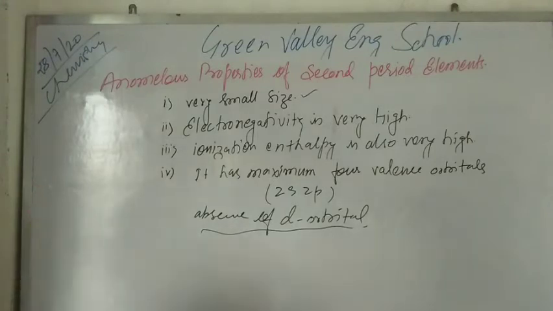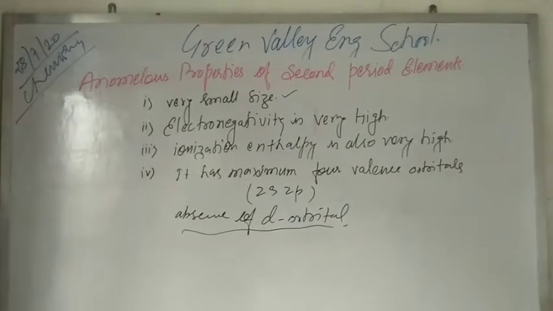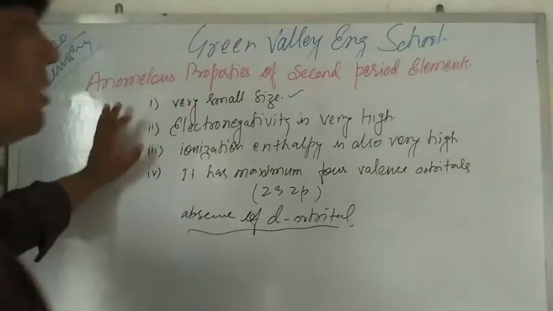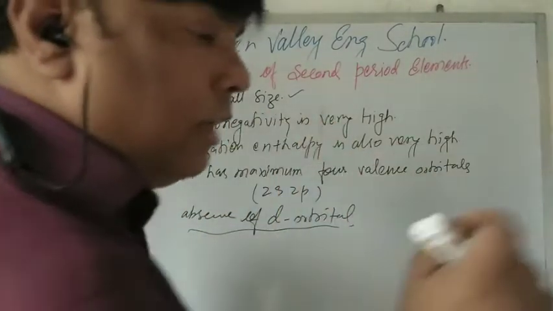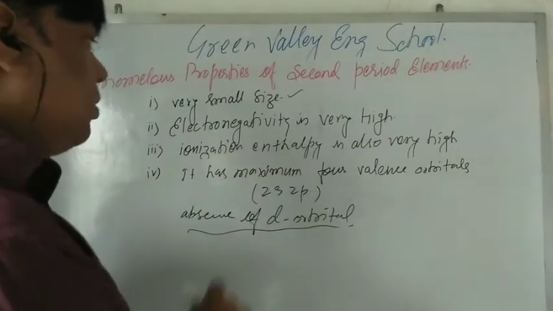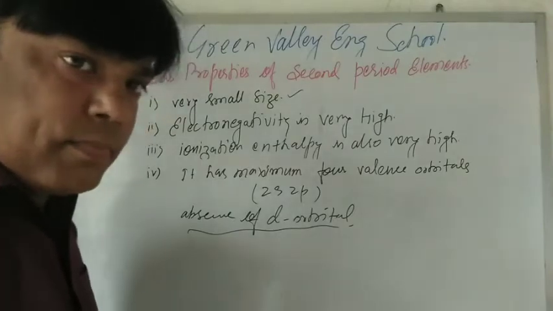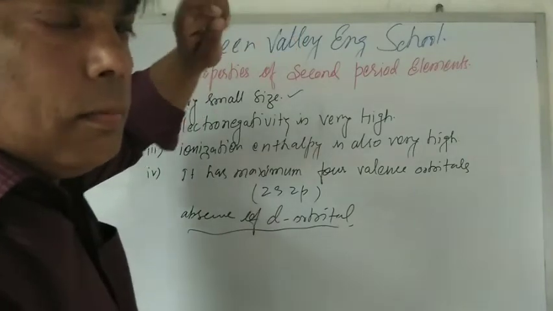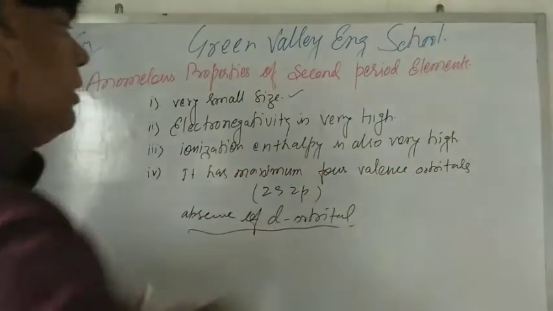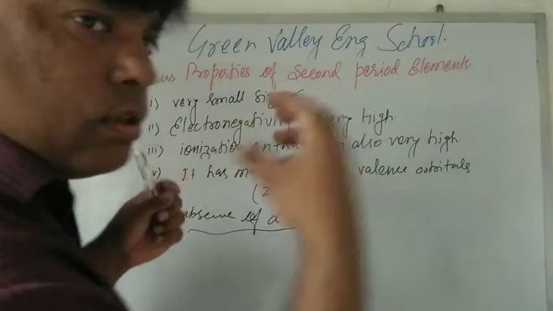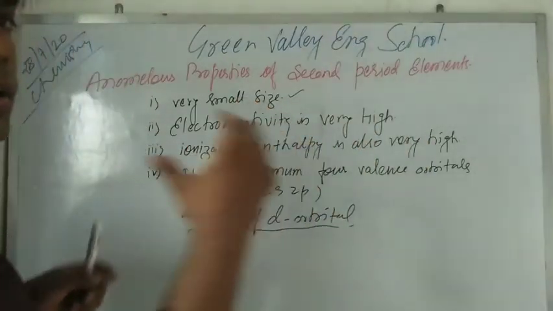So electronegativity is very high, means first member of any group has very high electronegativity. Actually electronegativity depends on size. As we move down the group, atomic radius will increase. But as we move in a period, electronegativity increases due to decrease in atomic radius.